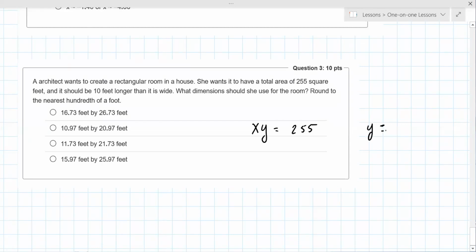Y equals 10. Well, x plus 10. X times x plus 10. That's what I did. So you should graph this. Sorry, I put a 2 instead of a 5. Sorry about that. Okay, just put the correct numbers in.